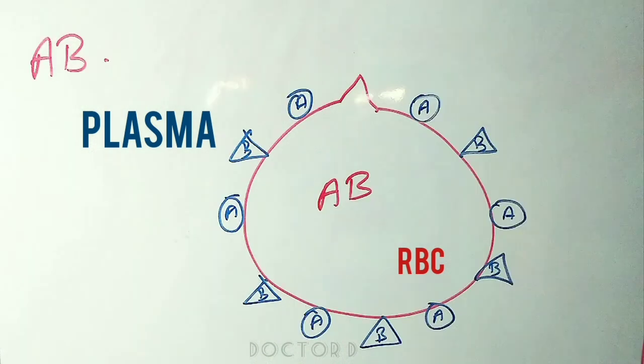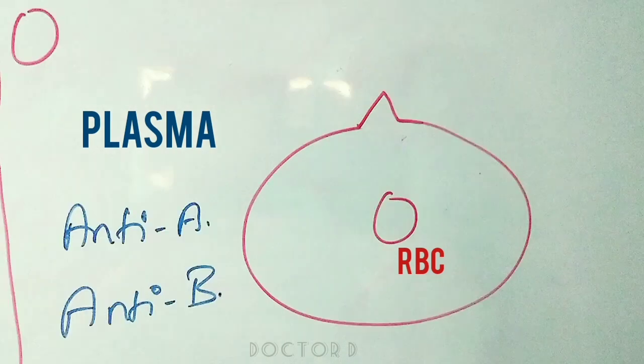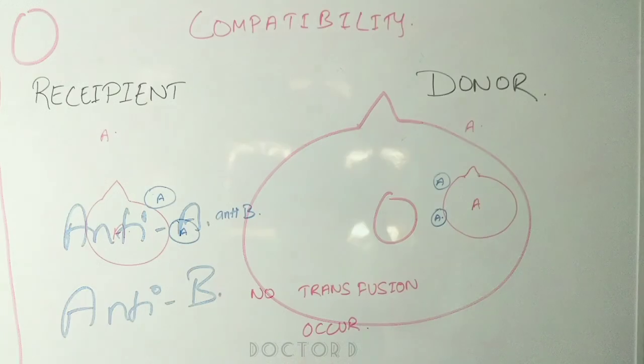A person with AB blood group will have AB antigens on the RBC but no antibodies in the plasma, whereas if a person has O blood group, his RBC will have no antigen and anti-A and anti-B antibodies in the plasma. Note that for a safe transfusion, there must not be an antigen-antibody reaction.